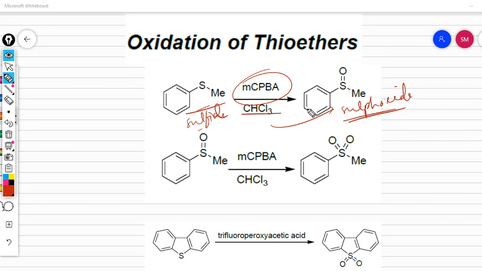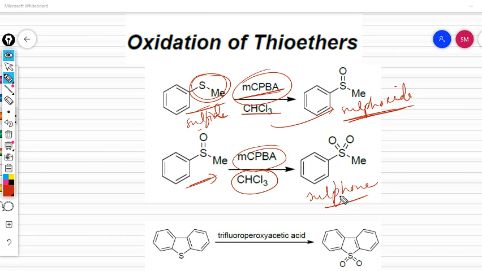The same reaction we have seen using manganese dioxide, MnO2 and manganese acetate also; this is a substitute for the manganese reagents. If the sulfoxide is treated with metachloroperbenzoic acid, it forms the sulfone. So this is sulfide, this is sulfoxide, this is sulfone.